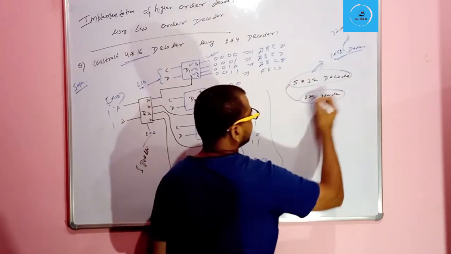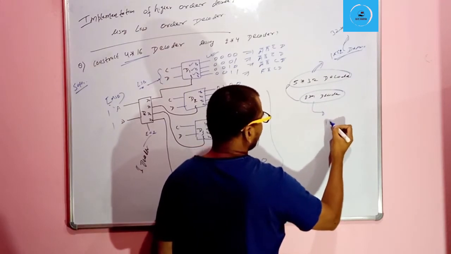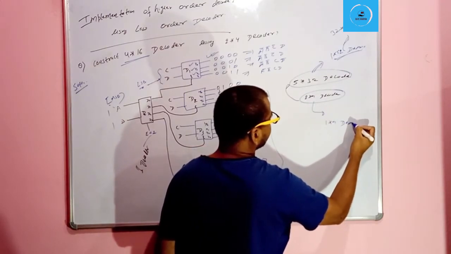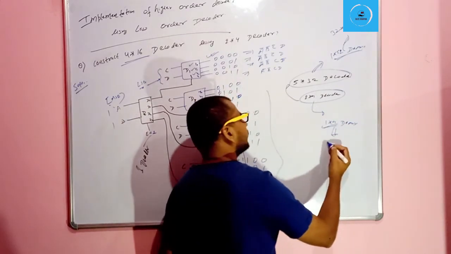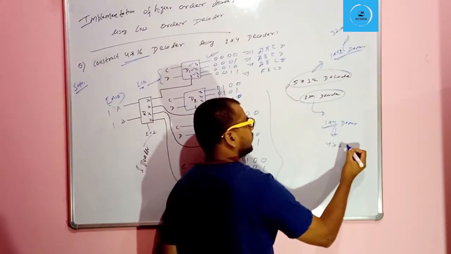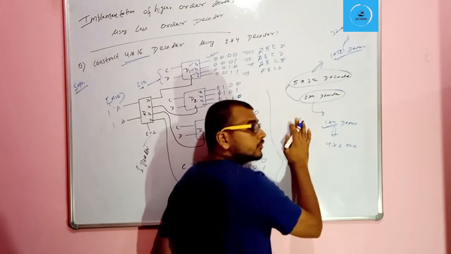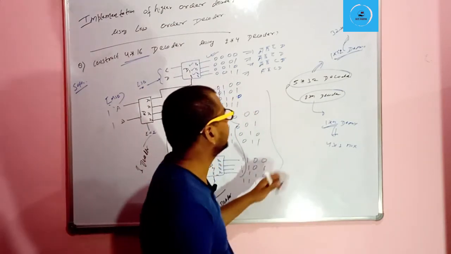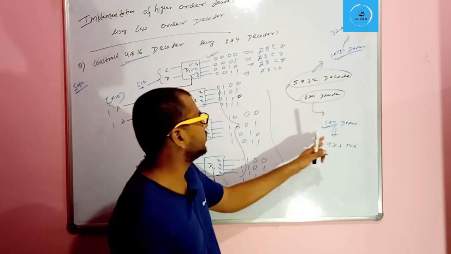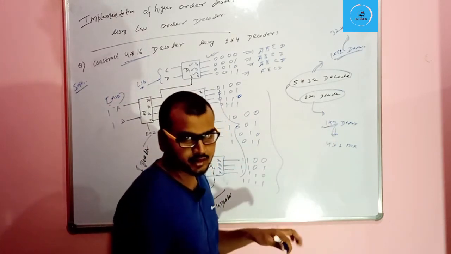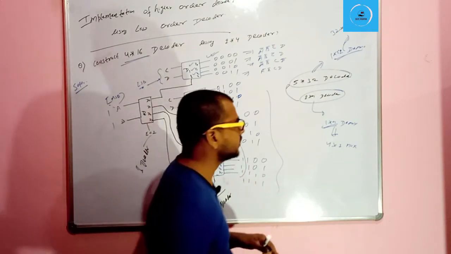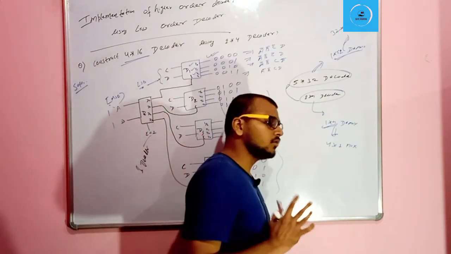Similarly, we can write this 2 to 4 decoder as a 1 to 4 demux, and we can write this 1 to 4 demux as a 4 to 1 mux. This is only what we are doing for solving the problem. There is no concept that a 4 to 1 mux will be the same as a 1 to 4 demux. The internal circuitry will be different, and the input and output will also be different.